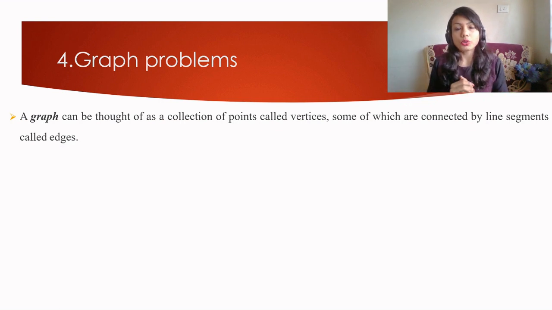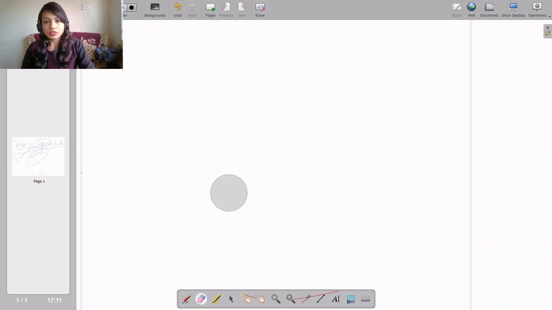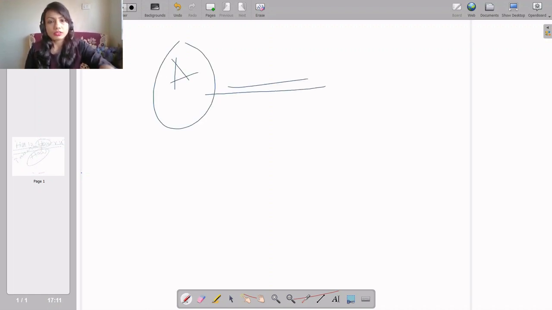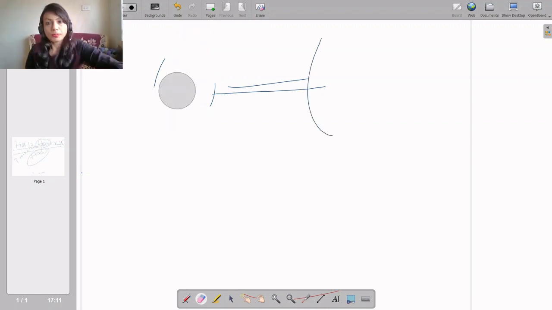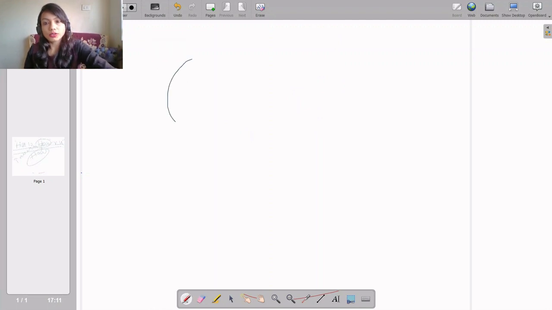A graph is a diagram which consists of a set of vertices attached by edges. A graph can be thought of as a collection of points called vertices, some of which are connected by line segments called edges. Let's take an example of a graph and see what vertices and edges are.